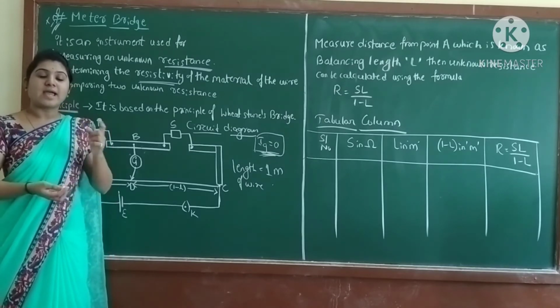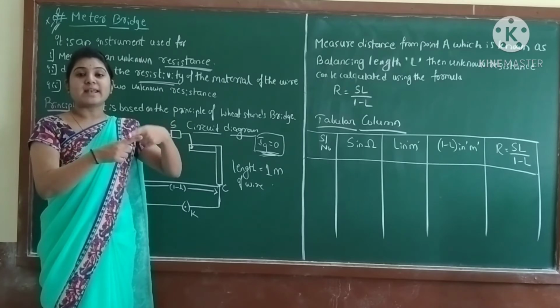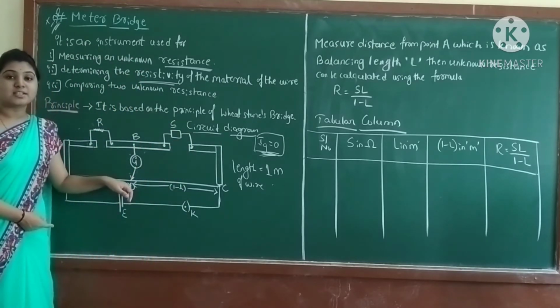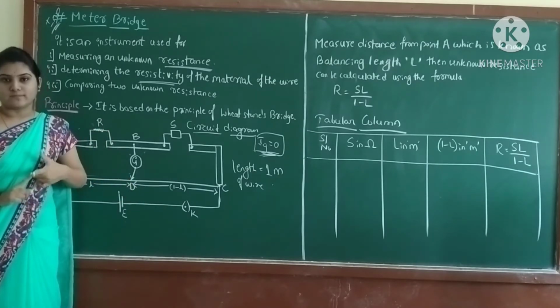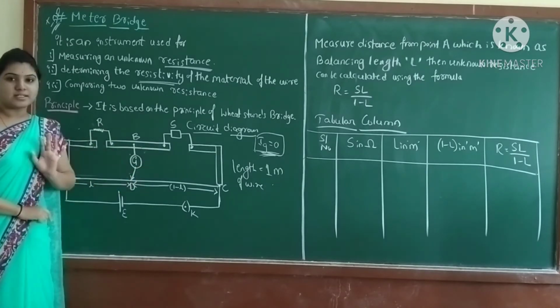That's why we have to make sure that this D point must touch the wire, then it shows the zero deflection. Correct? So like this we made the construction.